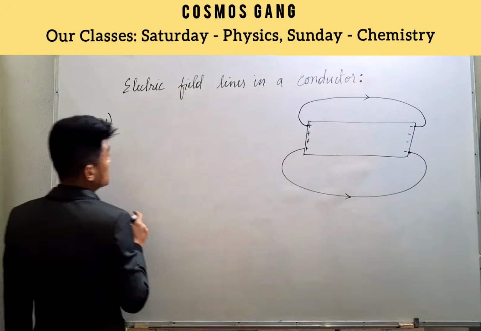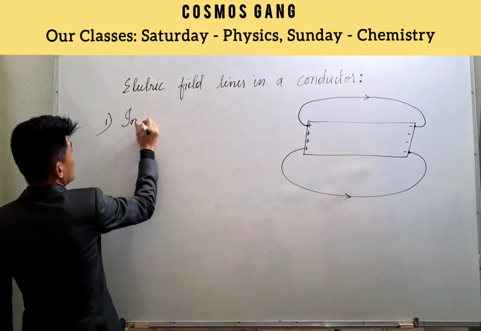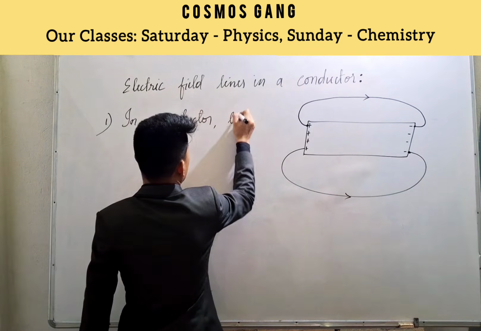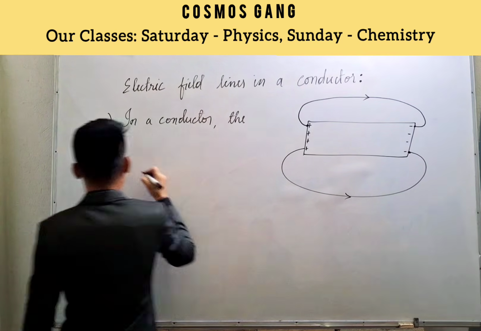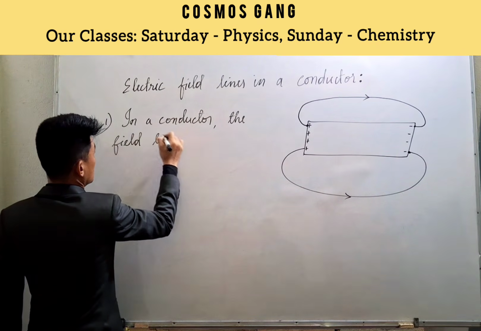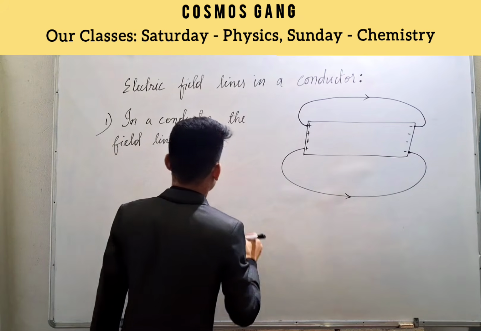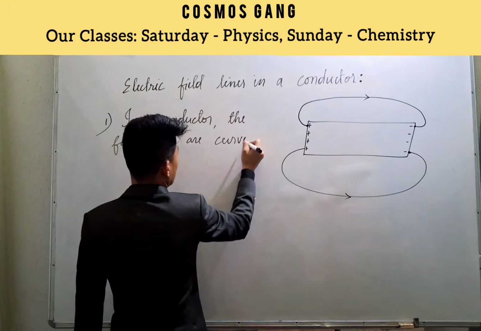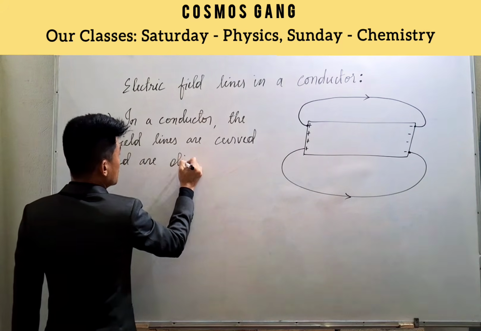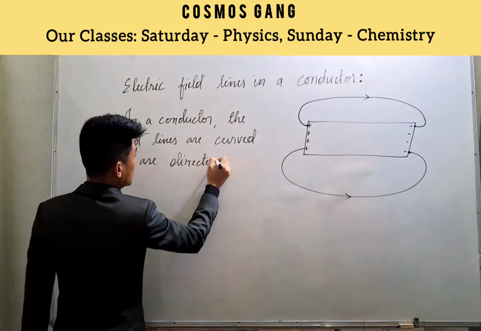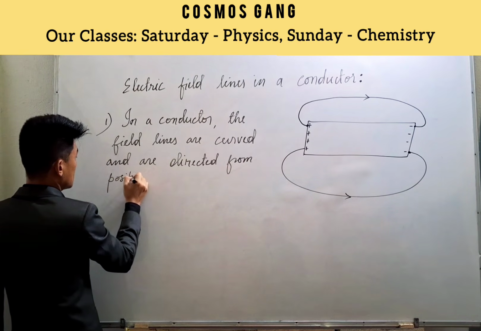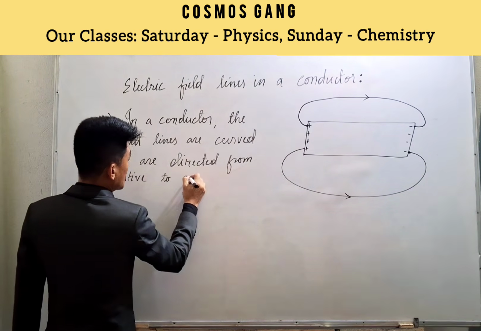So, first point, in a conductor, the field lines are curved and are directed from positive to negative.